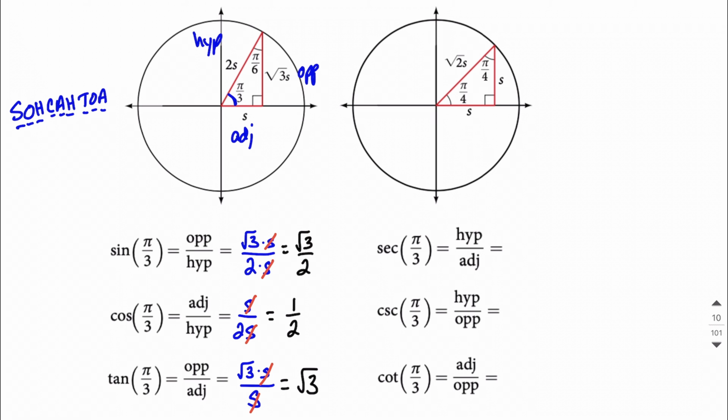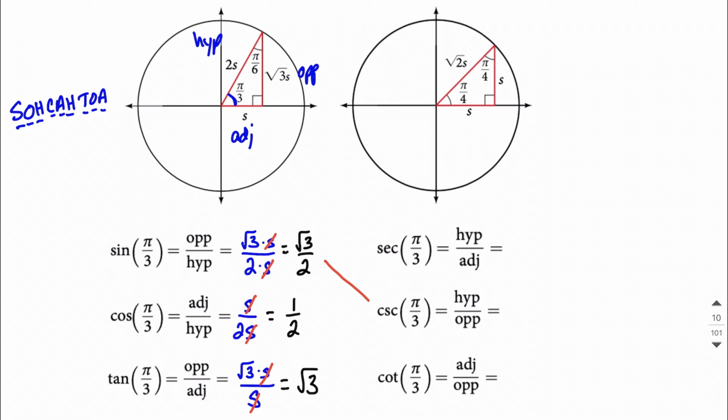All right, now that we've come up with these 3, the next 3, really how I like to deal with these is I don't set them up as secant is hypotenuse over adjacent and cosecant is hypotenuse over opposite and so on. Instead, how I like to think about these is with their reciprocal relationships. That sine goes hand in hand with cosecant.